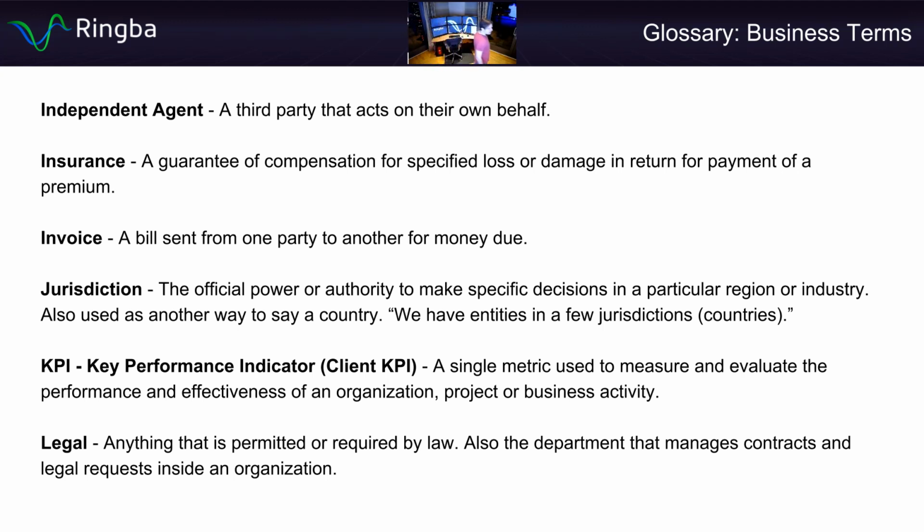A KPI can be anything, but you want to understand what the KPIs are for the specific business you're trying to run. So if you're going to be a pay-per-call affiliate, you need to understand the KPIs for that: what a click costs, what your conversion rate is, and what all the other KPIs are around what you're doing. And don't worry, we're going to dive into those later in this program.